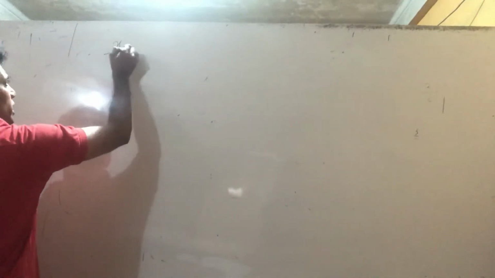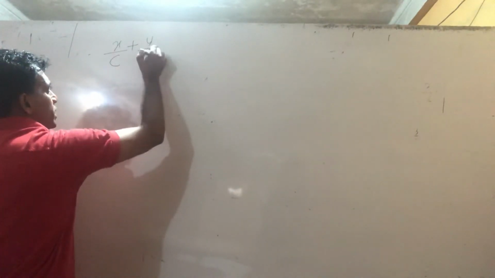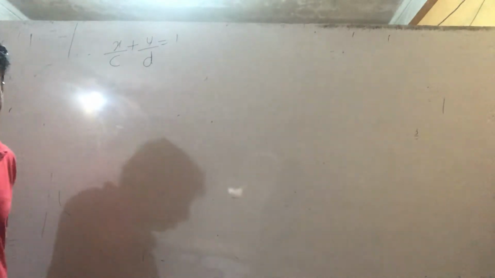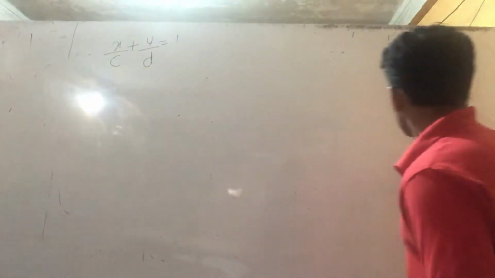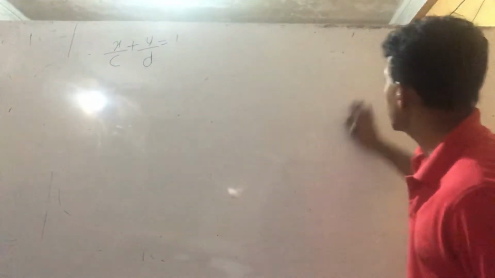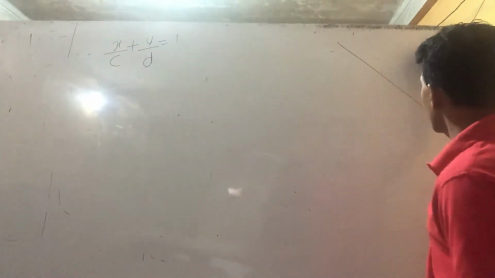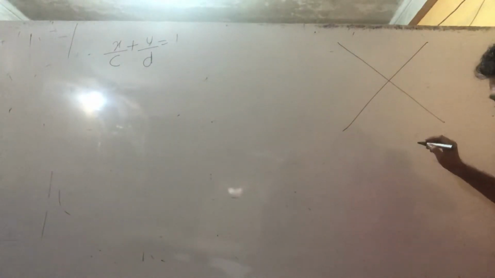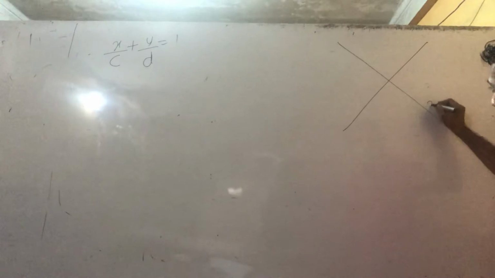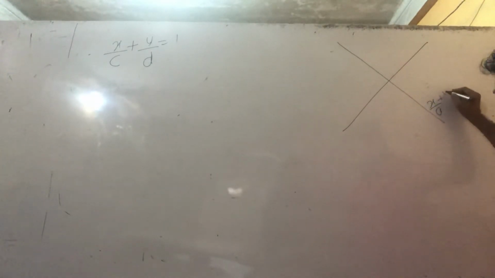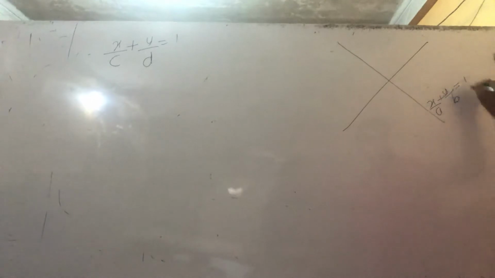Problem number 6, the coordinate geometry straight line. If x over c plus y over d equal to 1 be any line through the intersection of, yes, so what they say, there's a straight line, two lines intersect. First show by diagram form. One line is x over a plus y over b equal to 1.